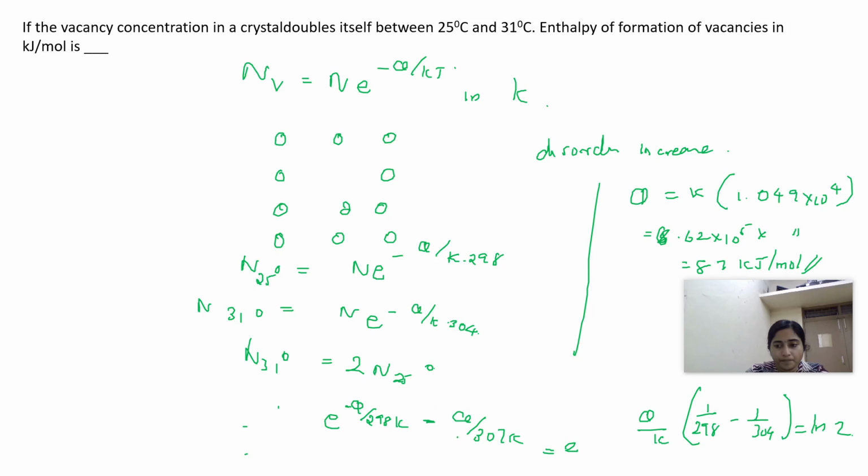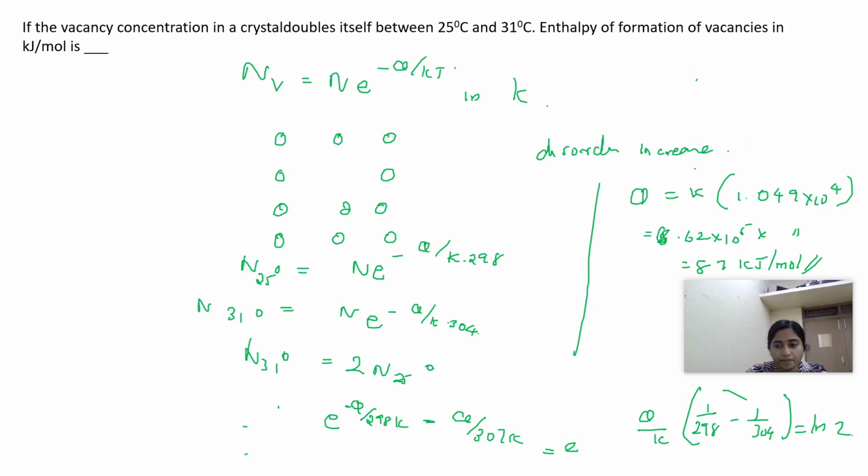So substitute into the formula. Then you have to find the Q value. To find the Q value, you have to take log on both sides. Then you will get Q divided by k into the temperature difference is equal to log 2. From there, you have to get Q on this side and keep all the numbers on the right side. After solving, you will get k into 1.049 into 10 to the power 4.